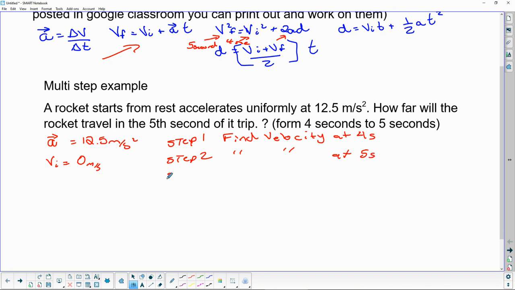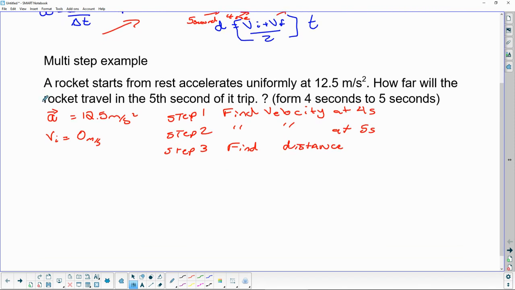And then step 3, find the distance traveled between those two velocities. So that's using this one twice and using that one once, which would probably be the easiest way. So let's go ahead and apply them.